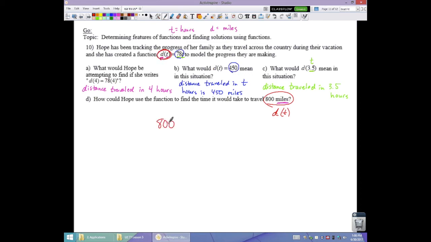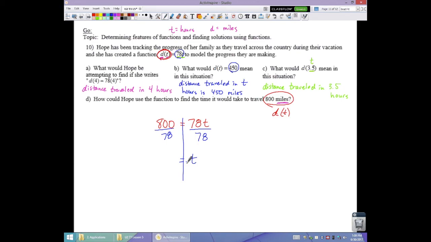So 800 equals 78 T. And then to solve that, we would just divide both sides by 78. So 800 divided by 78 is 10.256, blah, blah, blah.